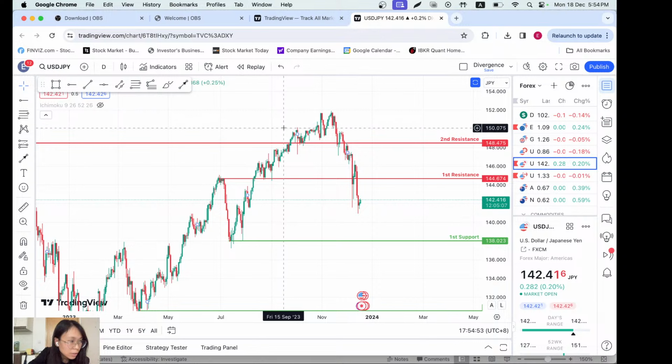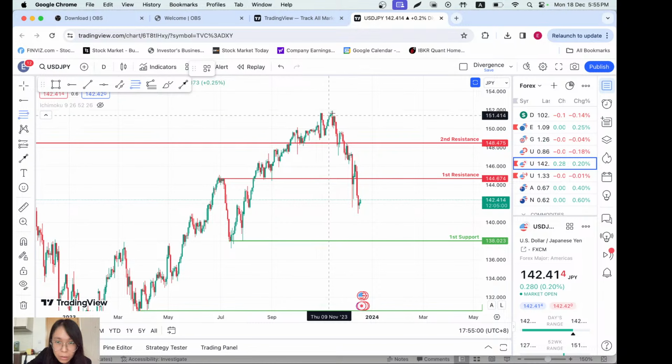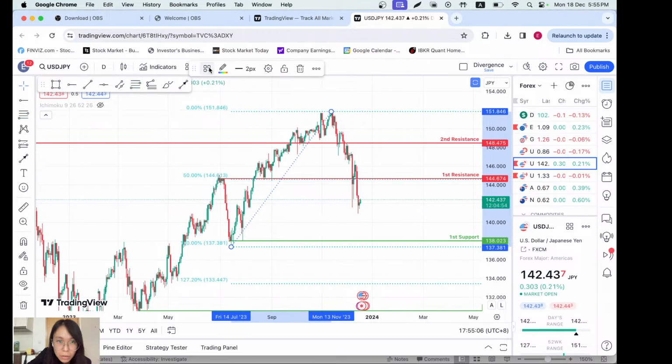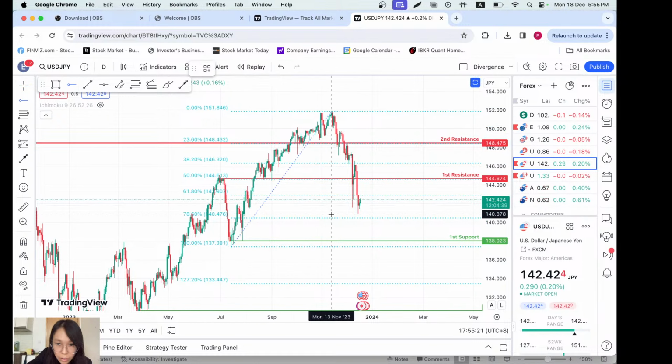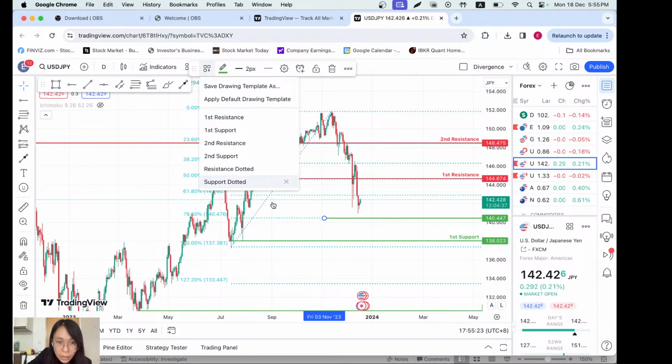Okay, so we have a 78.6 retracement area, so I'm going to add the immediate support line here.